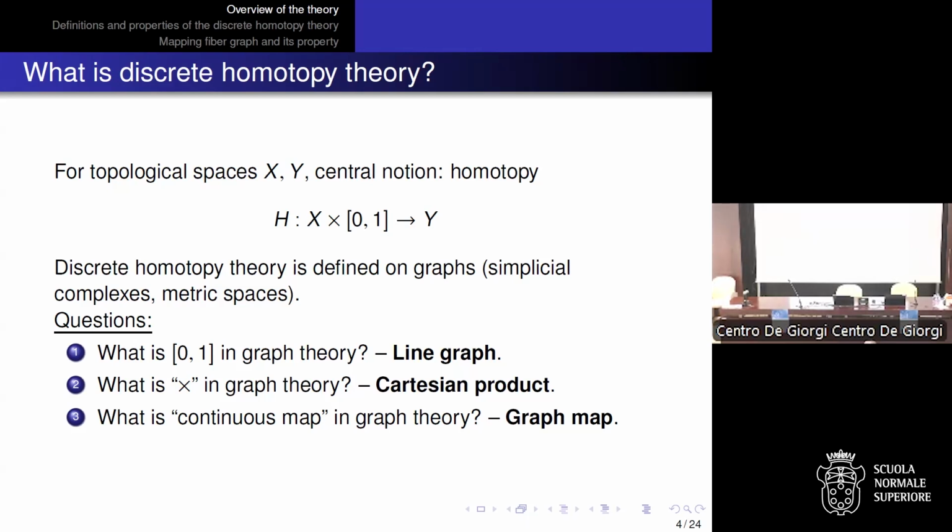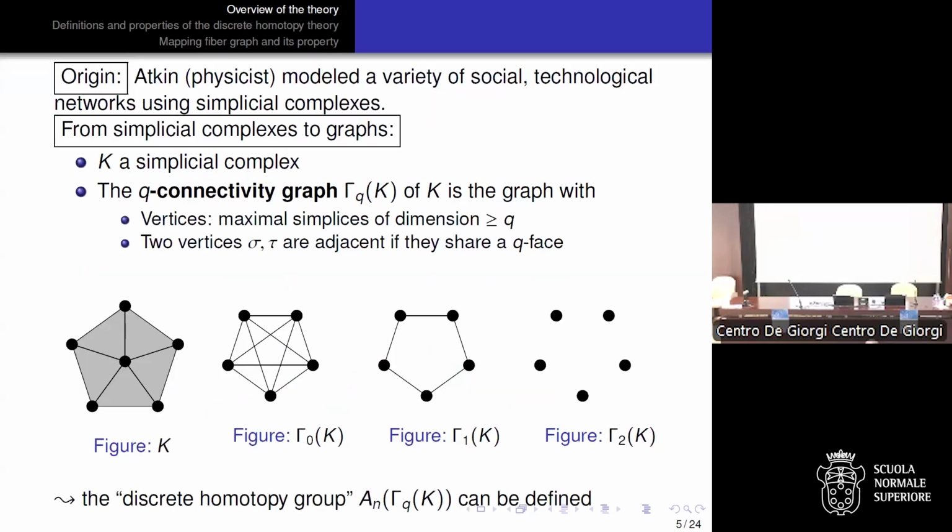Before going into the technical details, let me explain the original construction. The work goes back to Atkin, who is a physicist and who modeled a variety of social and technological networks using simplicial complexes. The theory comes down to graph theory as follows.